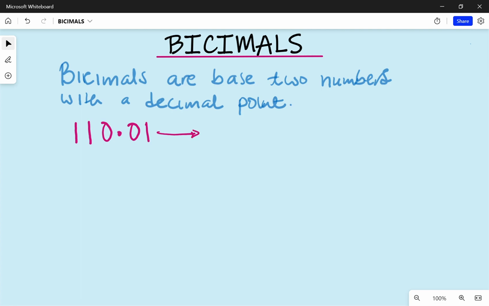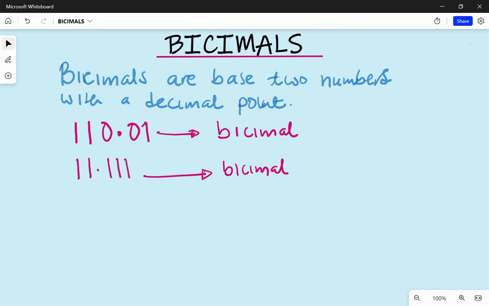This is a base 2 number, but in totality we're going to say this is a Bicimal. If I have 1.111, similarly this is also a Bicimal.